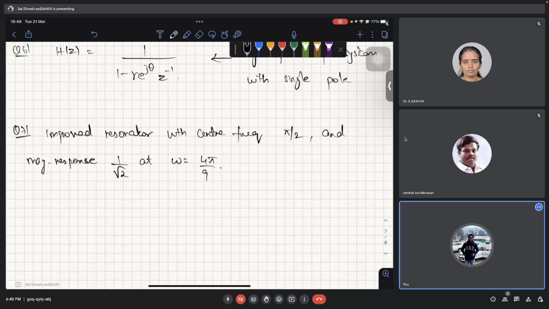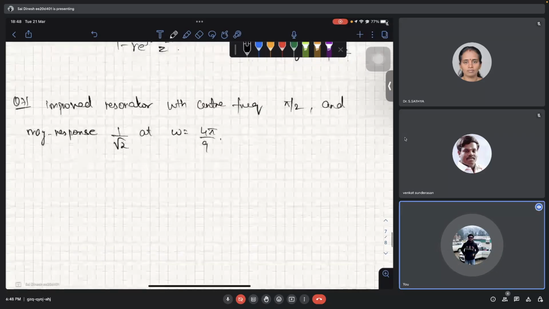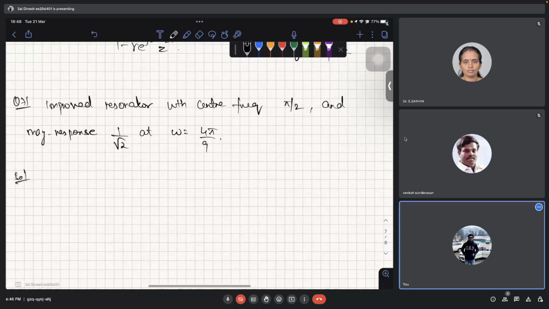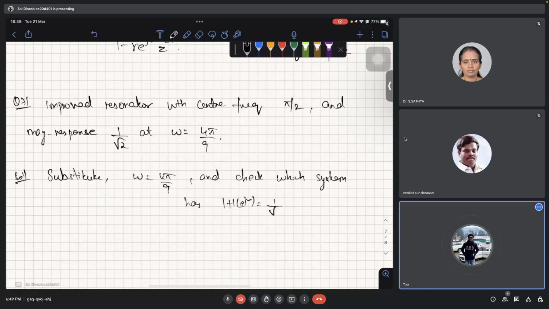So from the options, actually we substitute omega equal to 4 pi by 9 and check which system has magnitude equal to 1 by root 2.